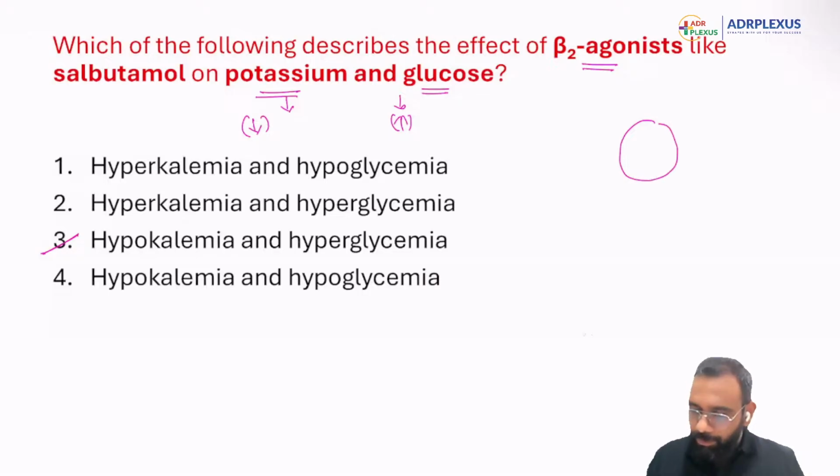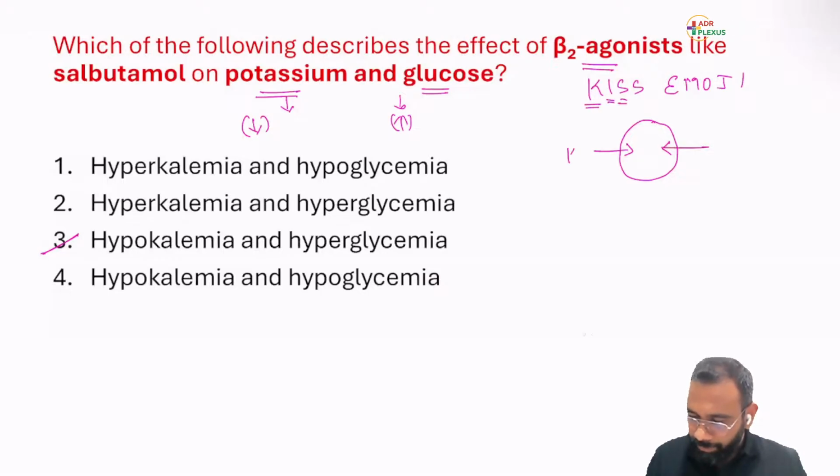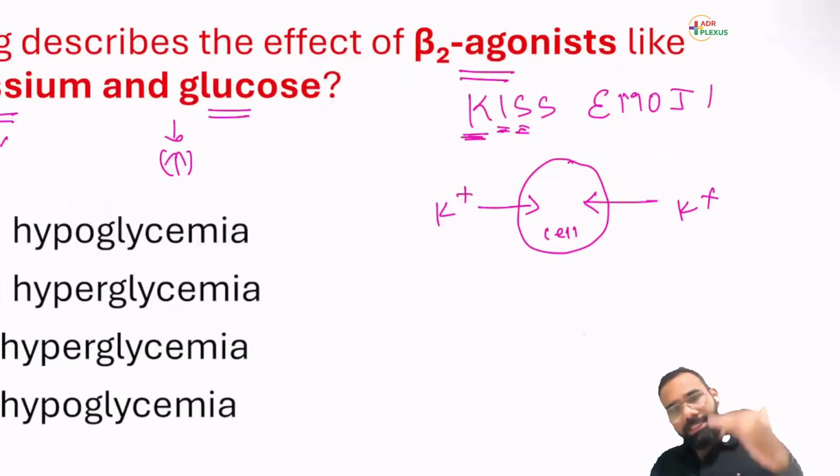If you remember, I told you one mnemonic, the kiss emoji. Kiss means potassium. We are sending potassium inside the cell. This is the inside of the cell, and this is outside.